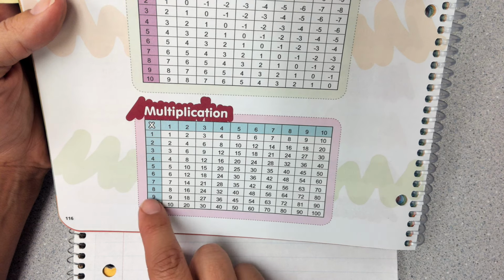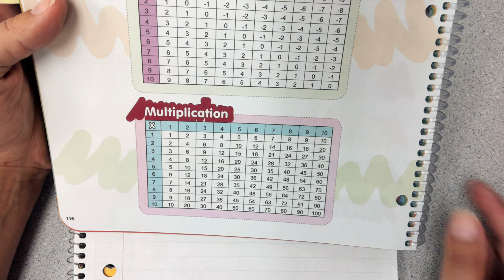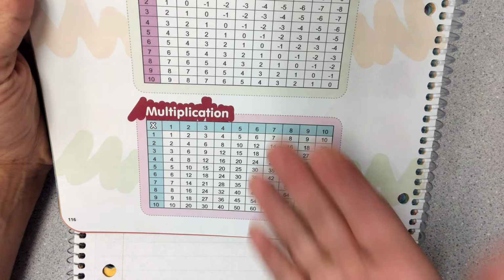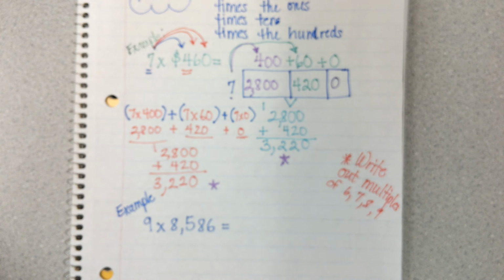So if you haven't memorized your 6s, 7s, 8s, or 9s, then you should use a resource. And remember that you also have your multiplication chart inside of your math book.